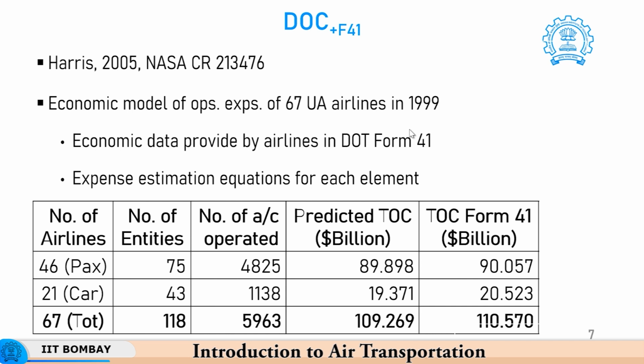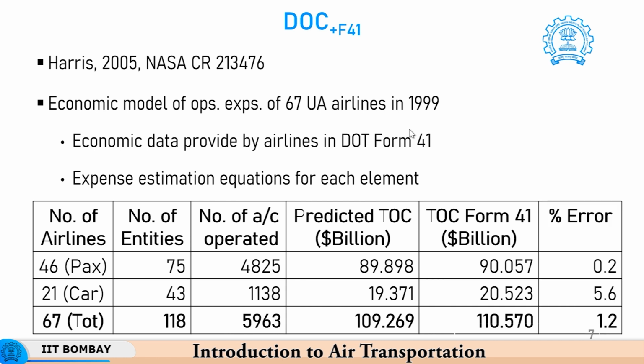As against $89.898 billion, the actual number from the Form 41 was $90.057 billion and so forth. So, there was an error of only about $1.3 billion over $109.2 billion. Therefore, the percentage error in the predicted values against the actual quoted values was approximately 1.2% in all. So, it is a very small deviation from the actual data. This was a very popular model.